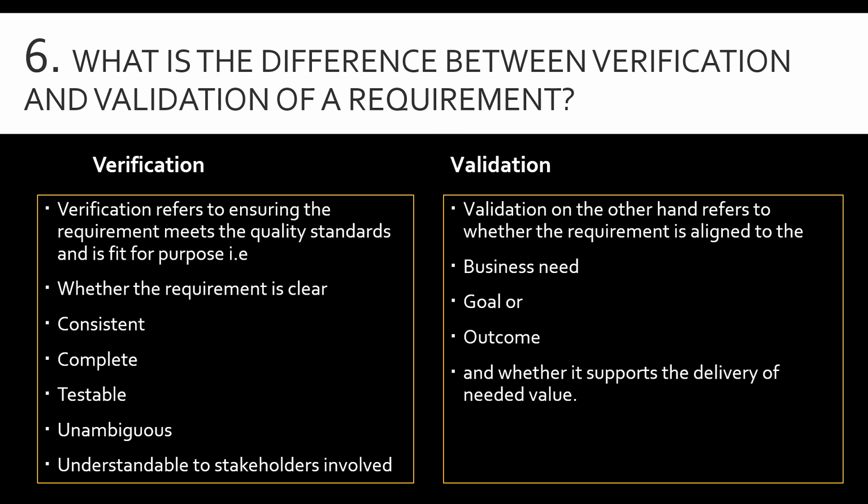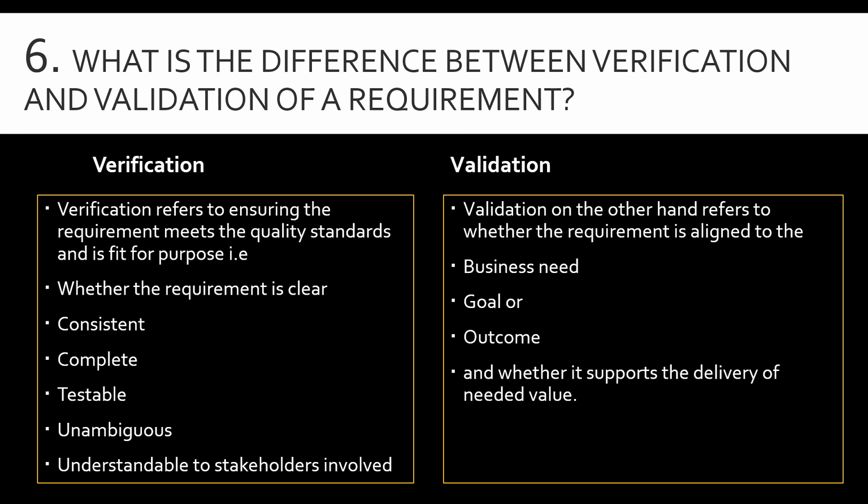So let's say in our example, if we take a requirement which talks about allowing the customers to book refreshments over a digital channel, it's a good requirement, and it satisfies the verification criteria. But is it aligned to the business need or the goal of a digital channel to allow customers to book tickets?